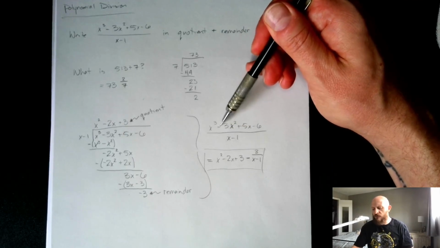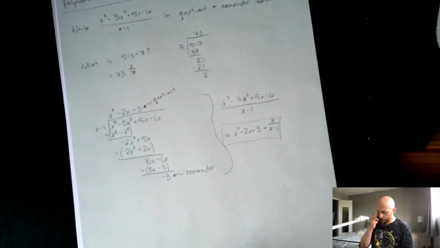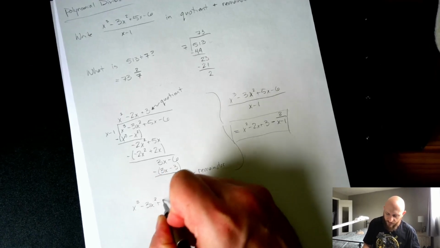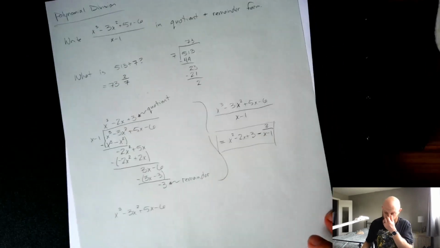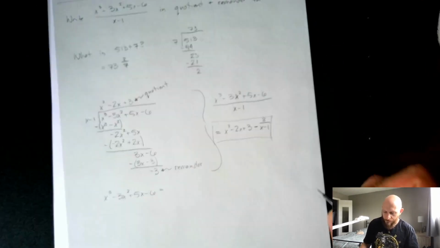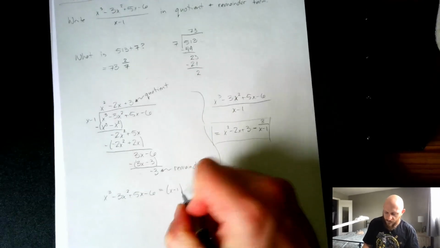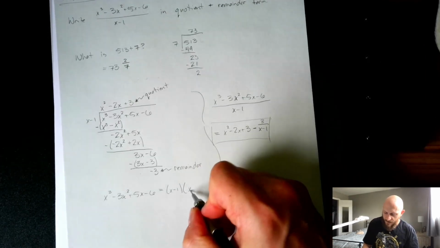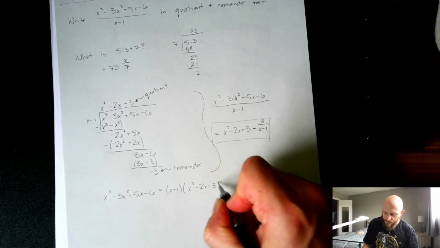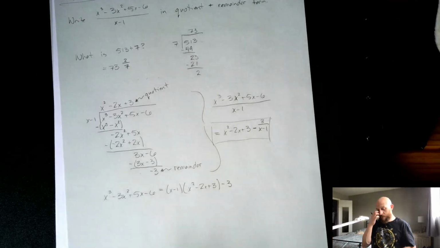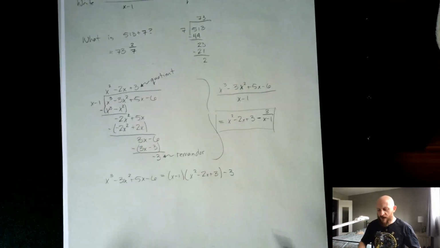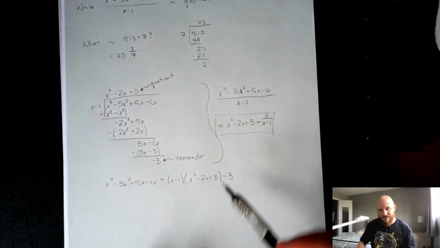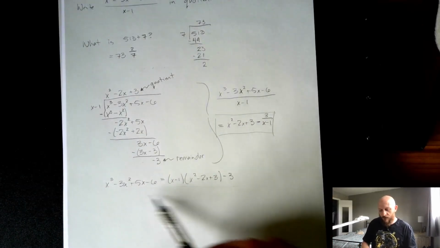If I multiplied all of this through by x minus 1, I can say that this is the same as x cubed minus 3x squared plus 5x minus 6 equals x minus 1 times this quotient, x squared minus 2x plus 3 minus 3. Right? So although x minus 1 is not a factor of this, polynomial division also gives you a way of factoring a polynomial.